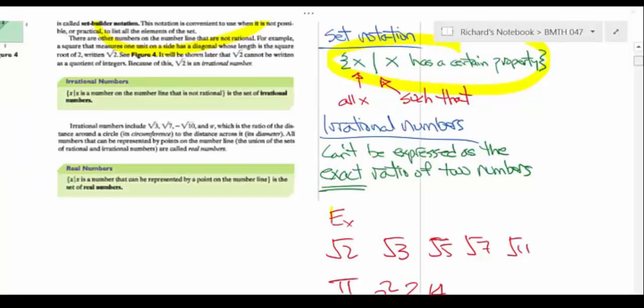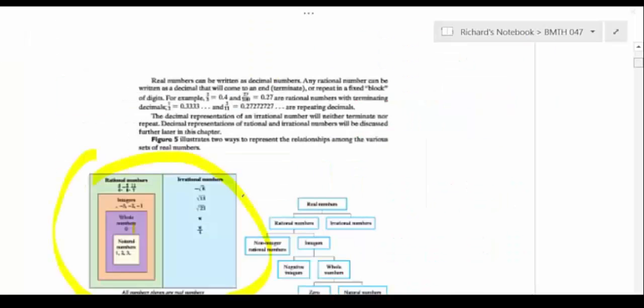It turns out that all these numbers are real numbers, and real numbers include natural numbers, whole numbers, integers, the rational numbers, and also the irrational numbers. Now, there's a graphic in your textbook that deals with this. The way that you categorize numbers, if you want to sort them, the natural numbers are on the inner box.